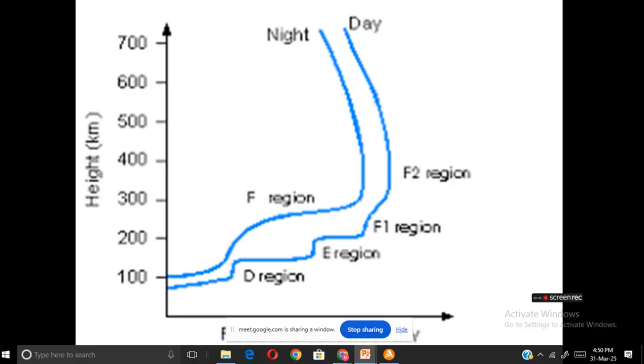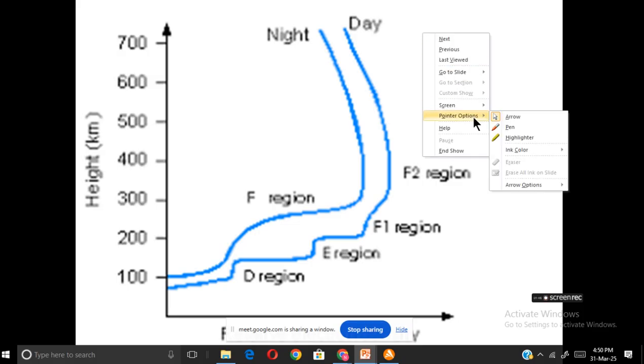Since the main reason is photoionization, it should obviously have a diurnal variation, depending on when there is availability of sunlight and when there is none. So the different layers in the ionosphere have a different structure in daytime and nighttime.